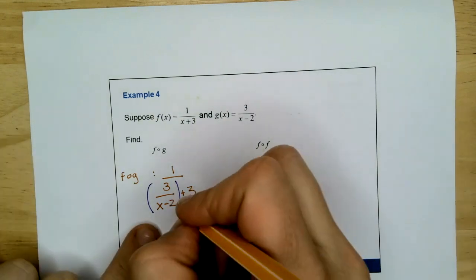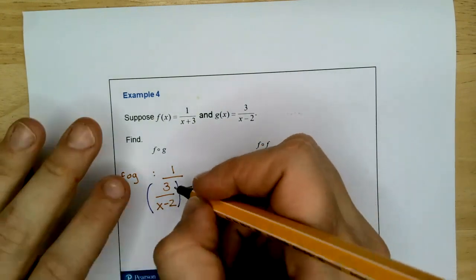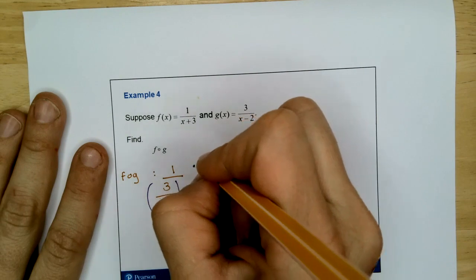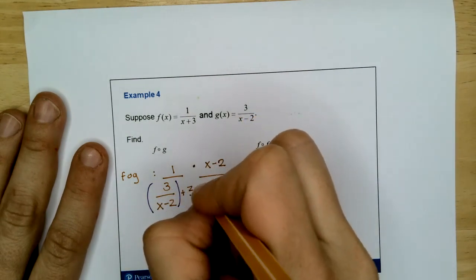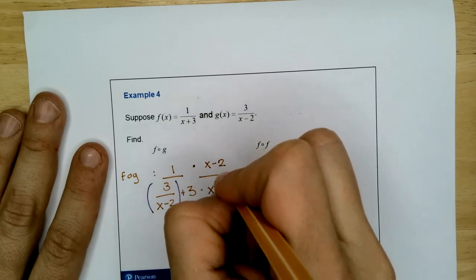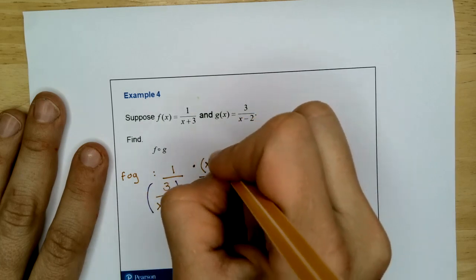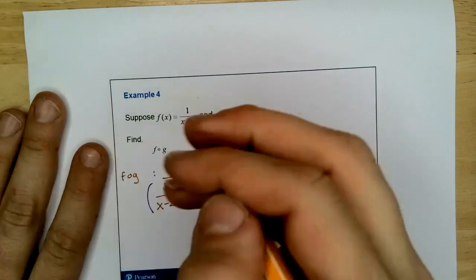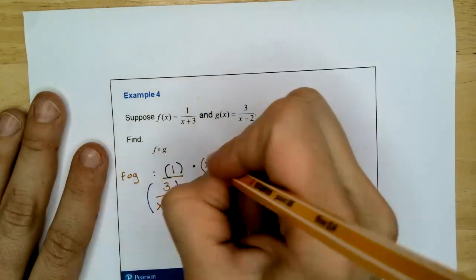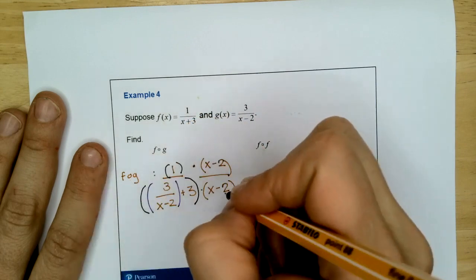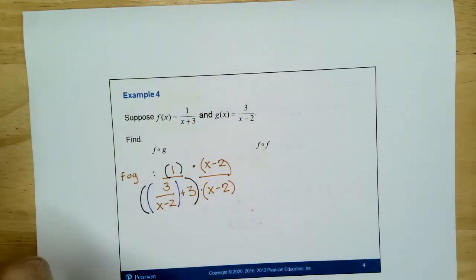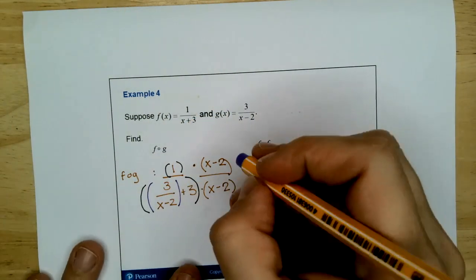Good? Take the denominator of your inner fraction and multiply both the top and the bottom of your fraction by that. So 1 is going to be multiplied by x minus 2, and then 3 divided by x minus 2 plus 3 is going to be multiplied by x minus 2.